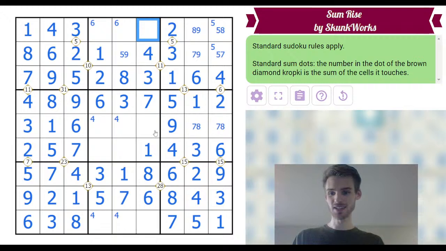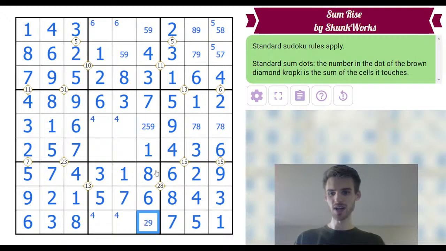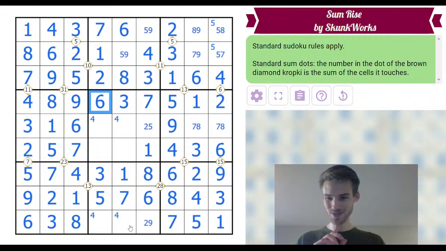Oh, that's not a 6. I was about to put 6 in here. So there's 5, 9, and one more digit. 2. I don't know why that took me so long. So that's not a 2. That's not a 5. That's not a 9. It's a 5, 9 pair, so this is a 6, 7 pair, which is resolved. I don't know how I didn't see this 6, but already celebrating?